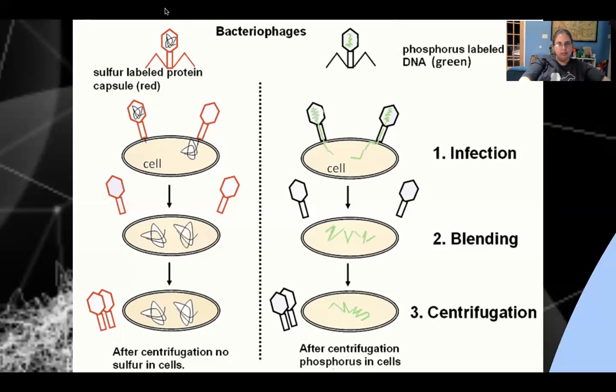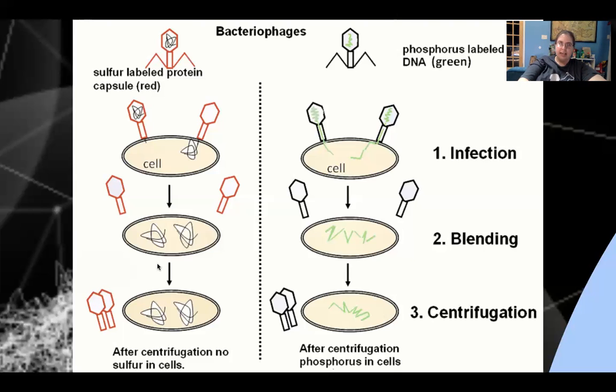With the bacteriophages where the protein was tagged, when they were mixed with the bacteria cells and given time to infect them, what they noticed when tracking the tags is that none of the tags had gone inside the bacteria cells.